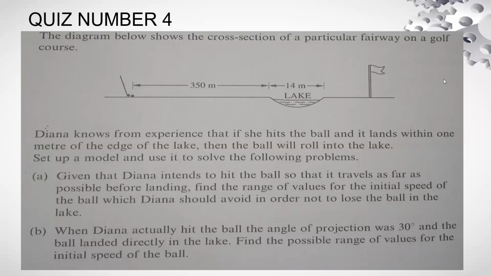The diagram below shows a cross section of a particular fairway of a golf course. Diana knows from experience that if she hits the ball and it lands within 1 meter of the edge of the lake, then the ball will roll into the lake. Set up a model and use it to solve the following problems. So the problems are there, and you can also try this out. With that, I think we are done with projectile motion.